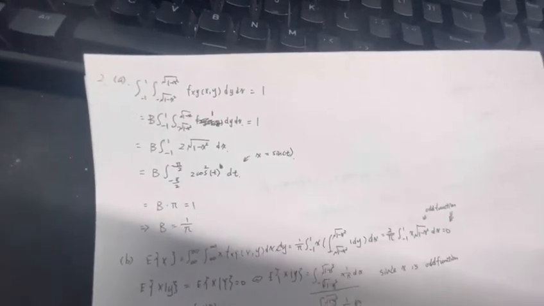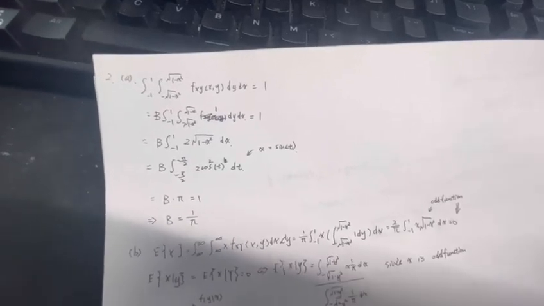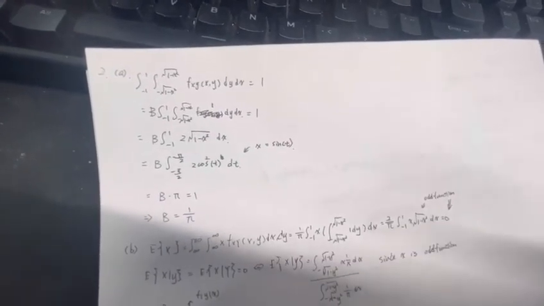As we know, we take the integral of this function, and if it equals 1, then this function is a valid joint density function.